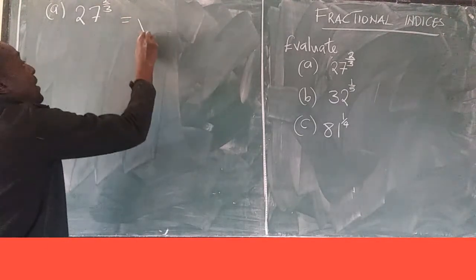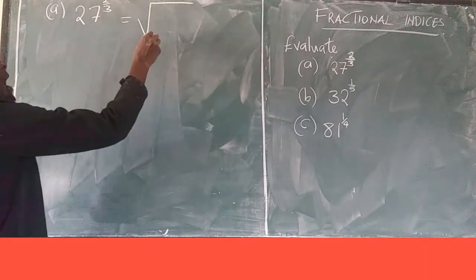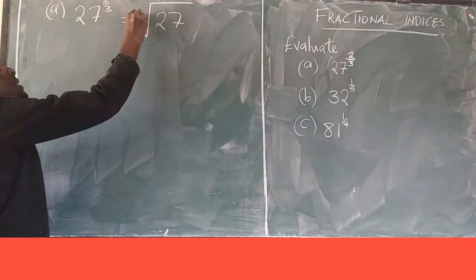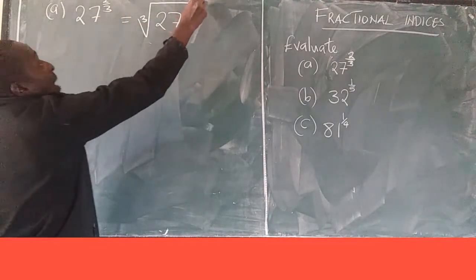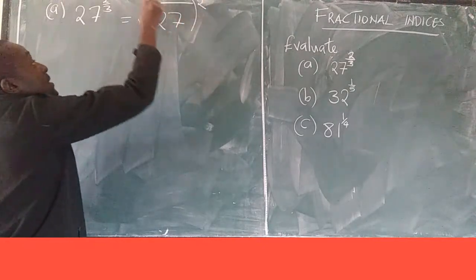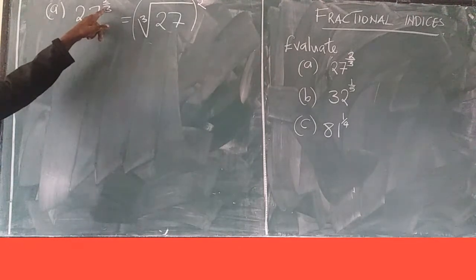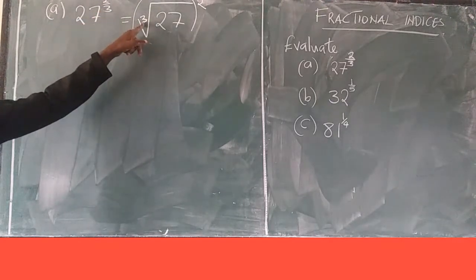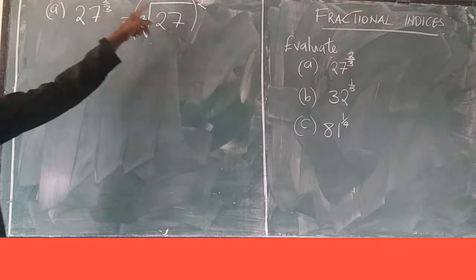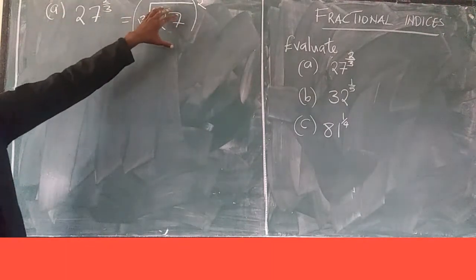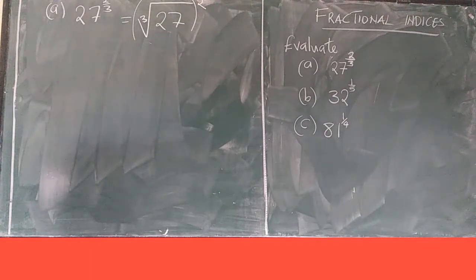Here is the radical sign, and then you put the 27 under it, and this 3 comes here, and the 2 here as a power. The number in the denominator is the one that goes on the radical sign, the number on top goes as a power, and the big number, the 27, you write under the radical sign.